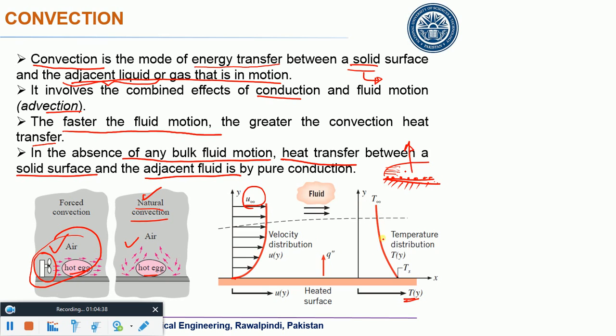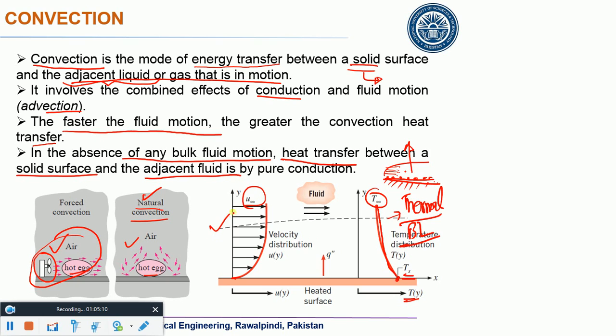The same is the case for temperature distribution. At this point, the fluid layer has temperature equal to Ts, and as you move up, that temperature approaches T infinity. So this is another kind of boundary layer, known as the thermal boundary layer.